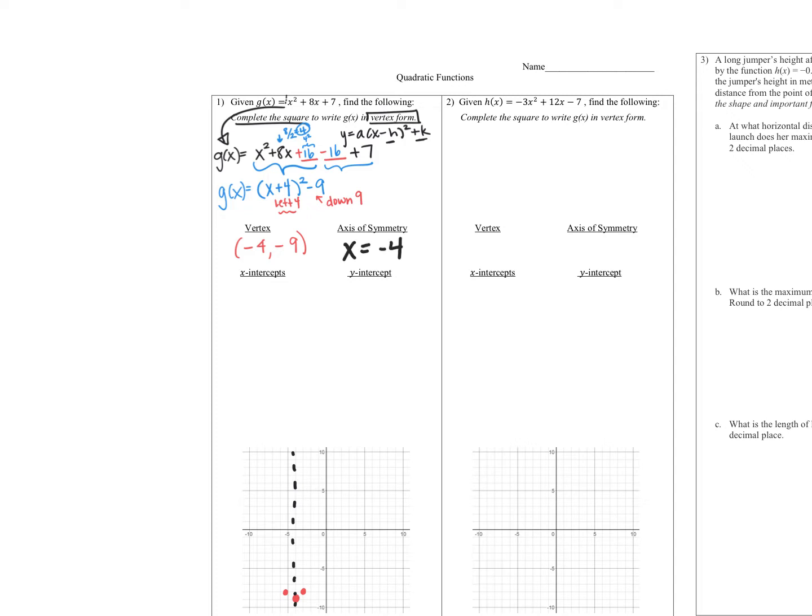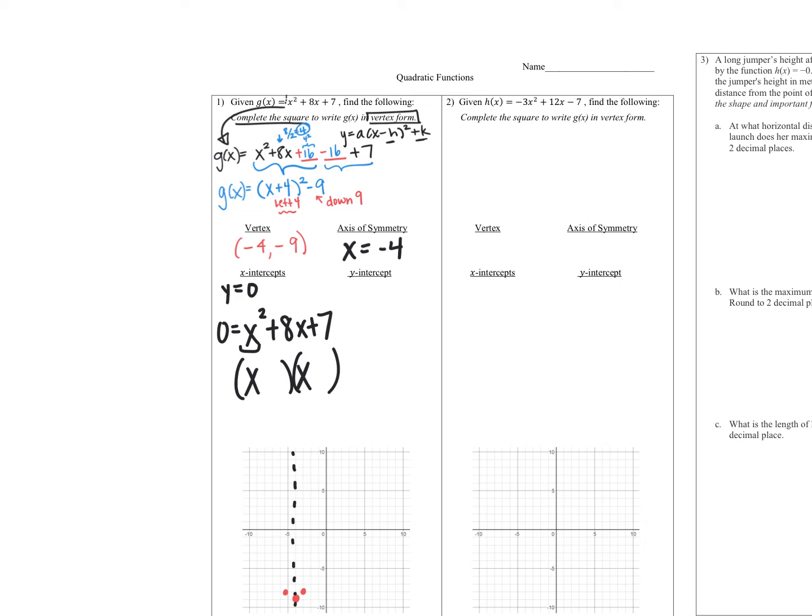Now to find the x-intercepts, remember that's where my y is equal to 0, because I'm not moving up or down, I'm on the x-axis. So I'm going to set my equation equal to 0. And you can solve this lots of different ways, like quadratic formula, complete the square. I like trying factoring, and it's a nice one to factor because I just have this nice x squared. So that's going to be x and x.